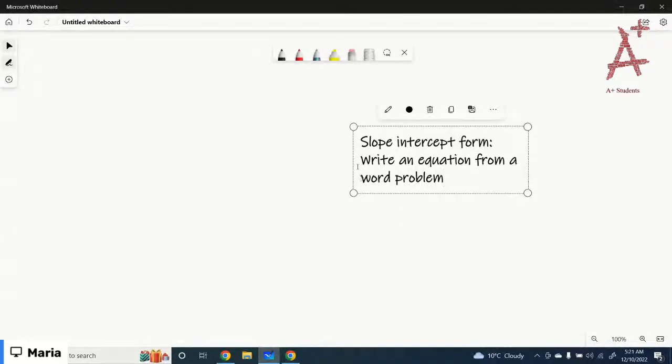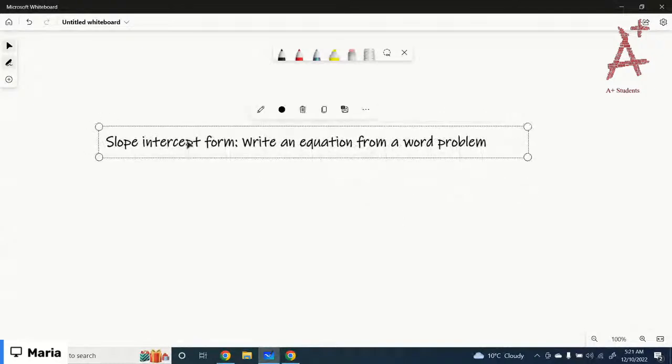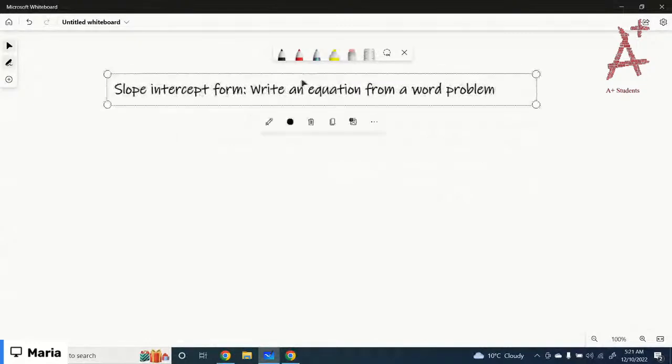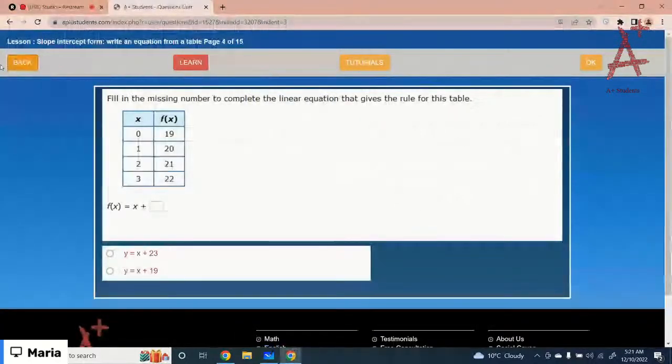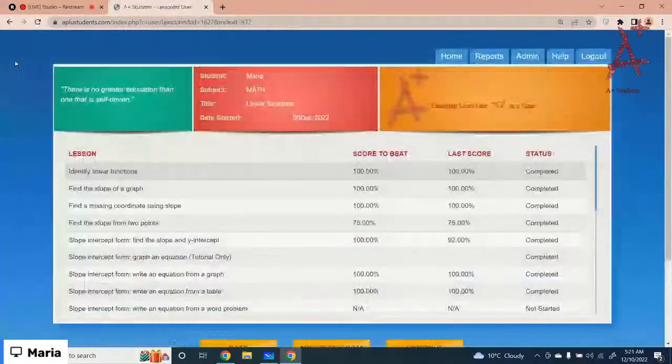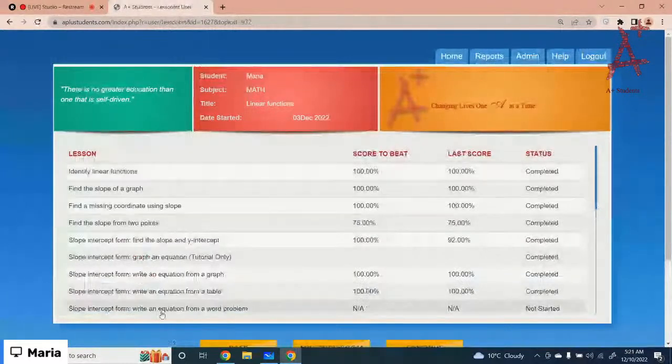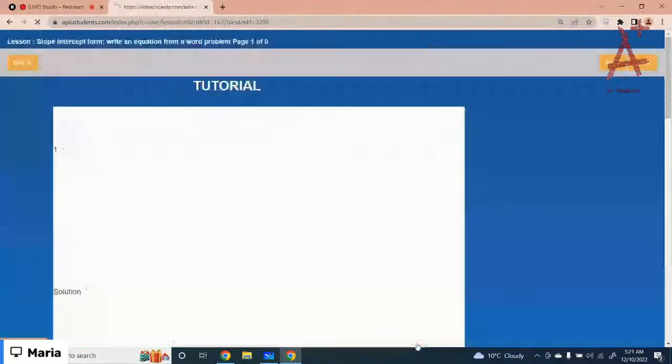Okay, let's start with the lesson. Here is the topic from the same chapter, grade 9 linear functions, slope intercept form, write an equation from a word problem.